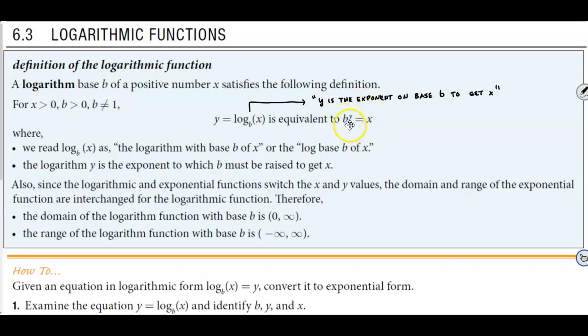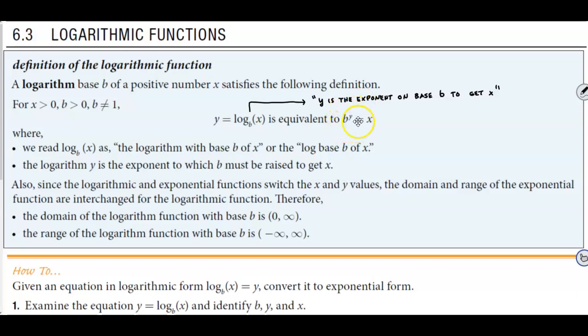Now, if we look at this equivalency here, these are both meaning the same thing. You can convert this logarithmic equation into an exponential function. So if you look at this exponential function, we can read it as y is the exponent on the base b.